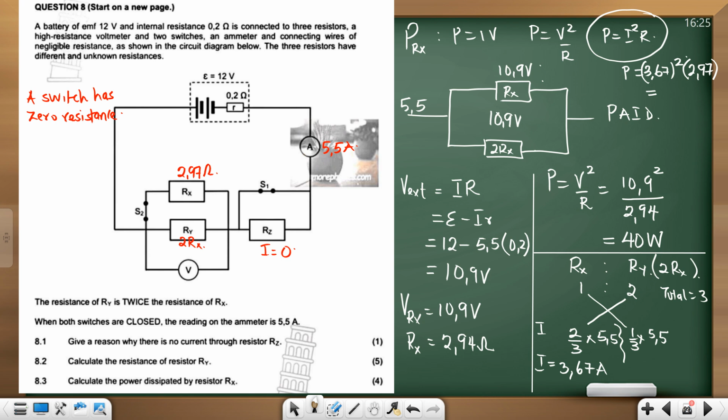Yes. How did they get it from the 3.67? It's written up there, 3.67 squared times 2 on top there. Oh, we sent it back into the equation, okay, sir. Because I have P equals I squared R. All right. Okay, sir.